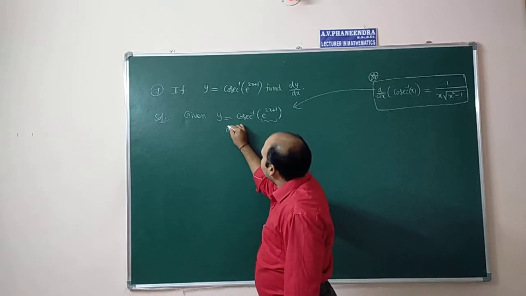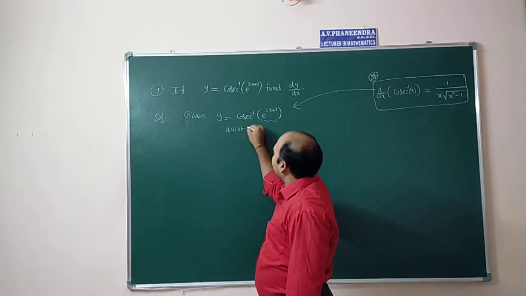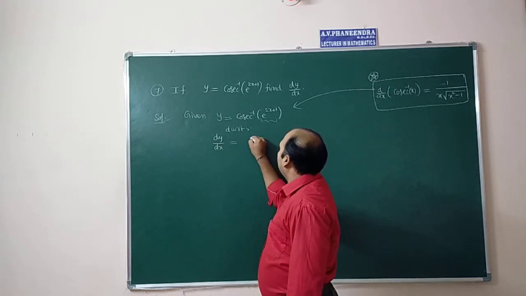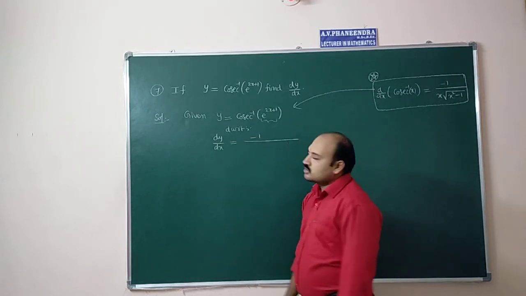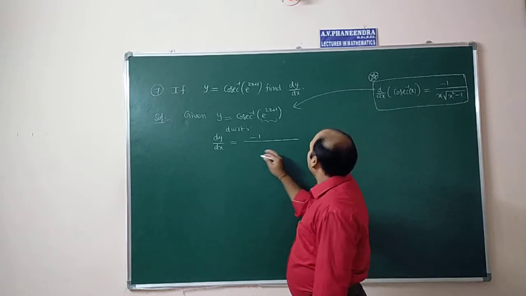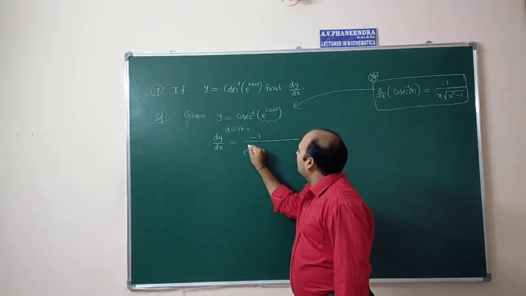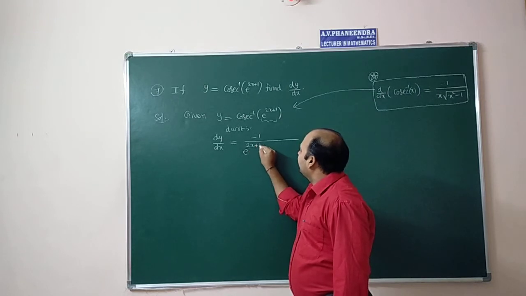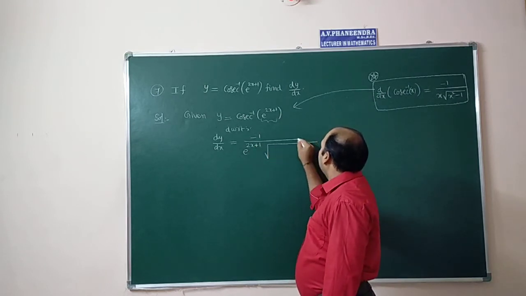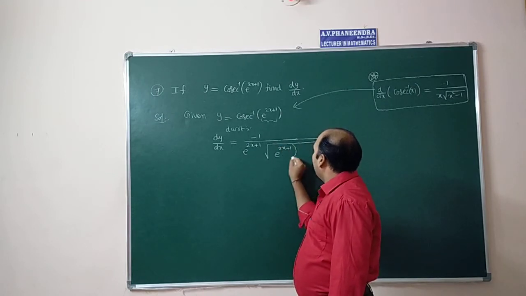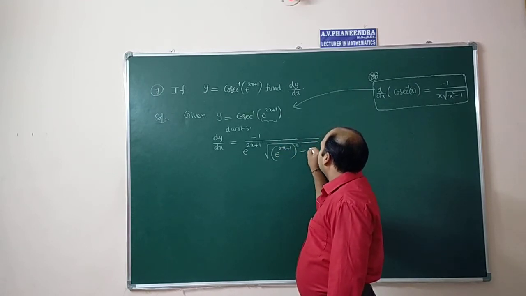So differentiate with respect to x. Y derivative, dy by dx, is equal to minus 1 by, before that, x. This is completely x we told now. So e power 2x plus 1 into square root of e power 2x plus 1 whole square minus 1.